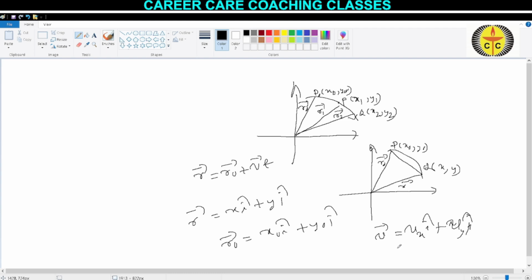So we can write this equation like this: x i cap plus y j cap is equal to x0 i cap plus y0 j cap plus (vx i cap plus vy j cap) t. So we can simplify this.